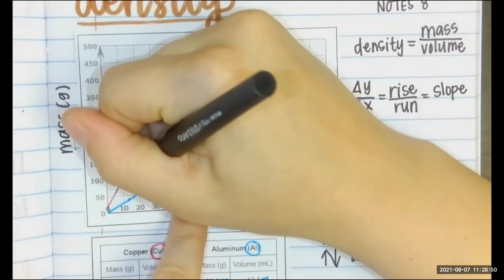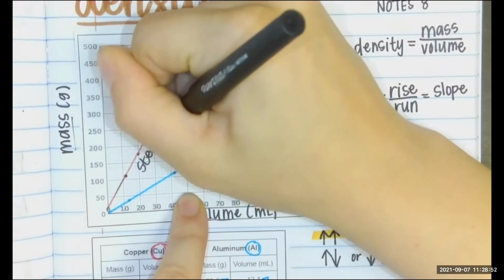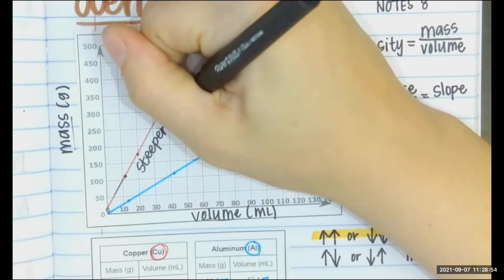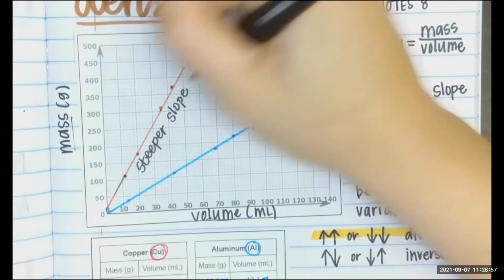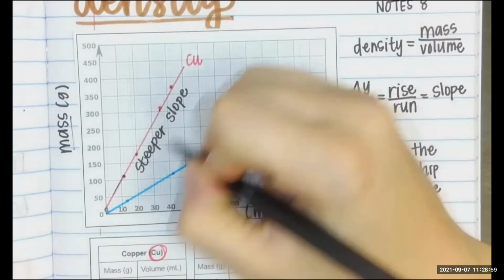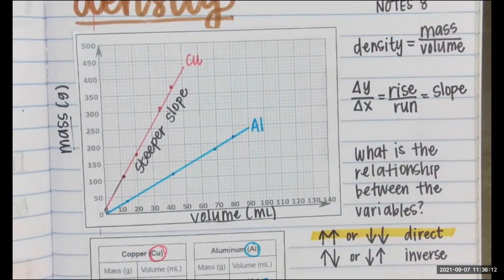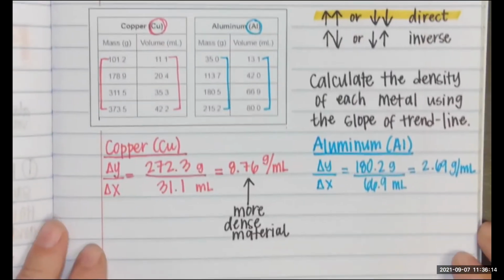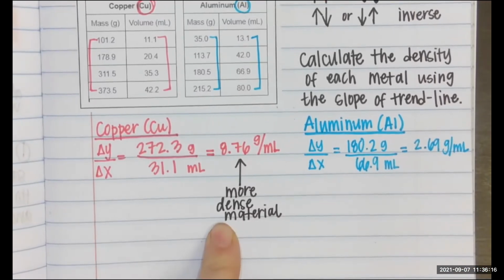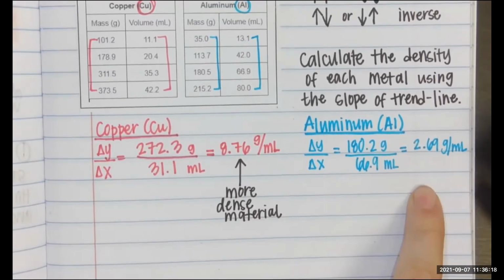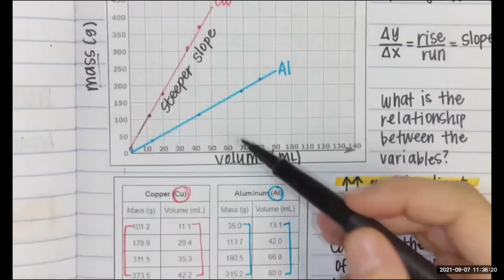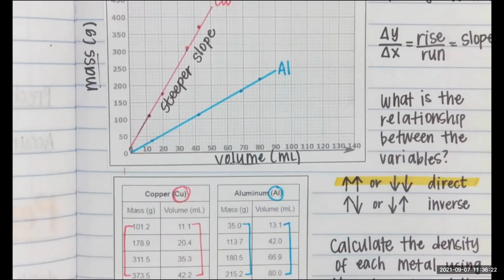This has a much steeper slope. And the steeper slope is showing that we have a higher density. So copper is the more dense material, aluminum not so dense, and we can see because our slope isn't as steep.